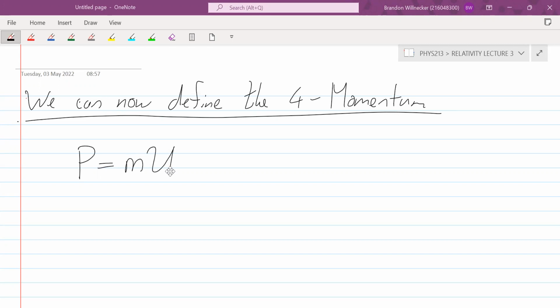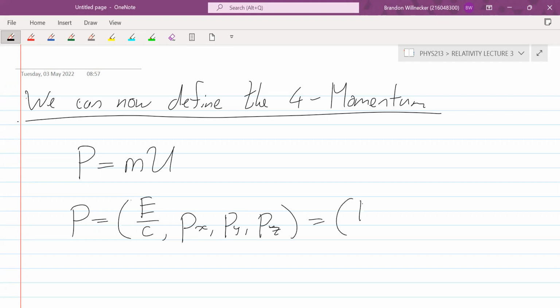Another way of defining it is to write it in terms of components. P is going to be E over c, and then we have Px, Py, and Pz. In other words, it's going to be E over c and the 3 momentum vector p. So we've got 4 components. It's a bit weird that the first component is the energy.